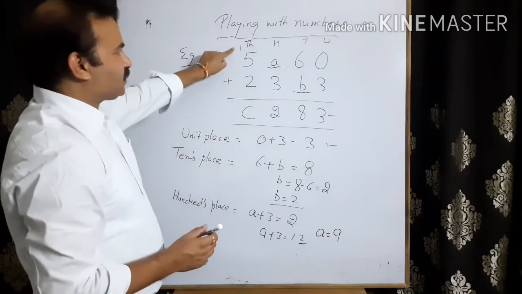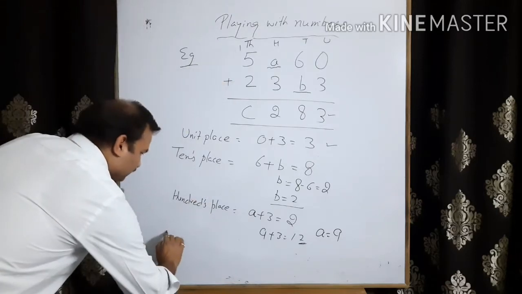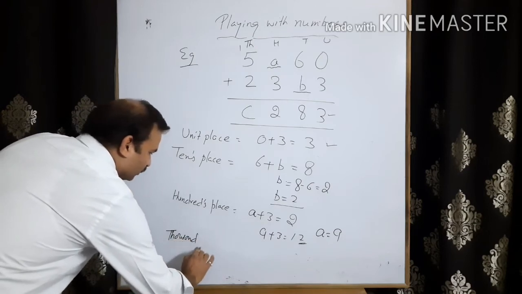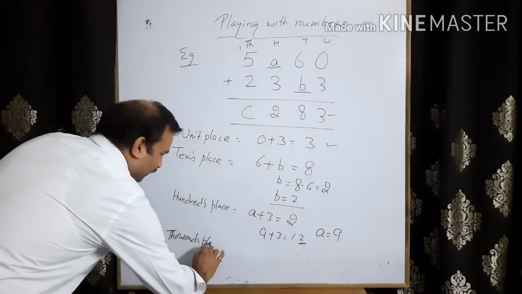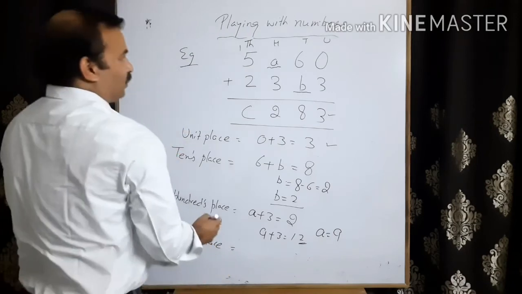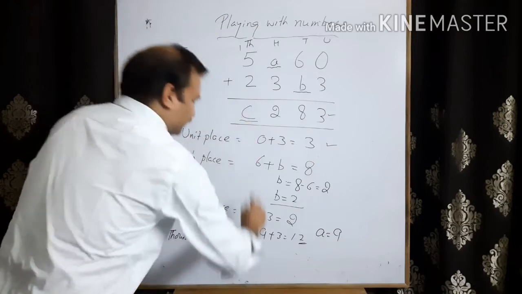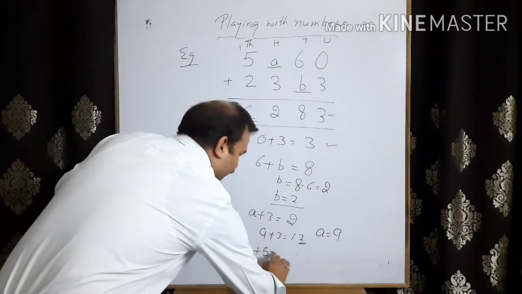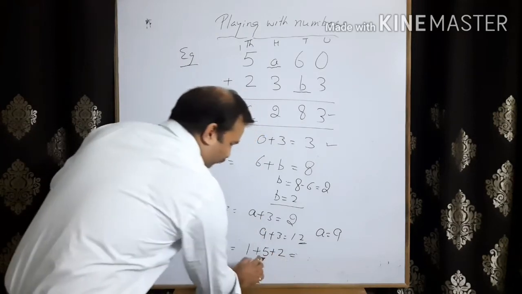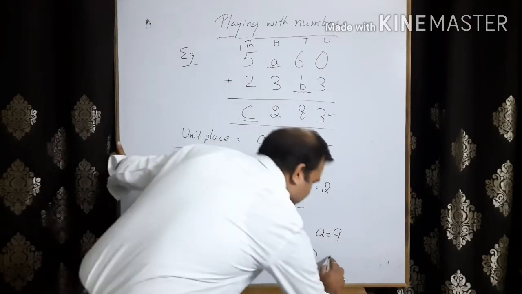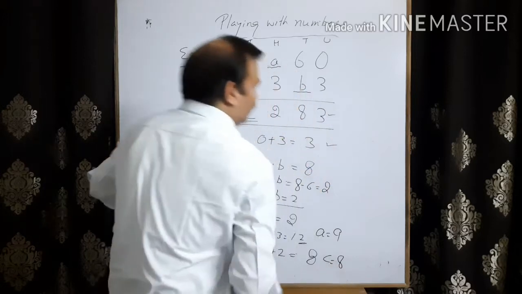And next is the 1000 place. For the 1000 place, we have one more variable, that is C. So we have 1, that is the carry, plus 5 plus 2. So 5 plus 1 is 6, and 6 plus 2 is 8. So it means C is equal to 8.